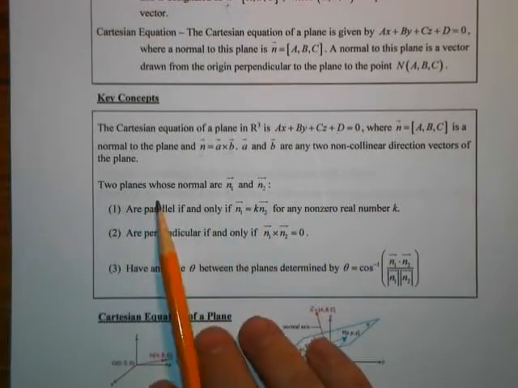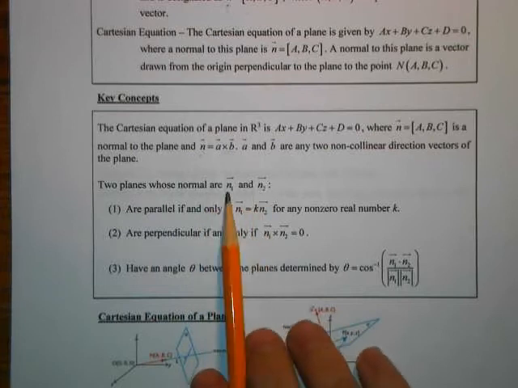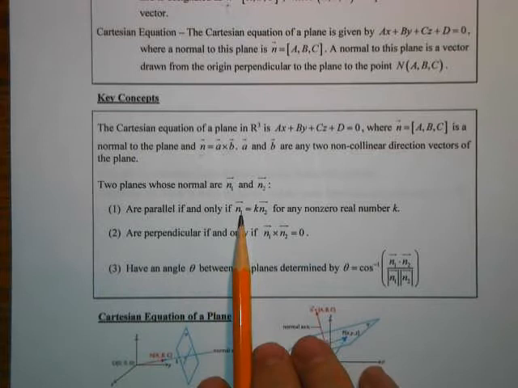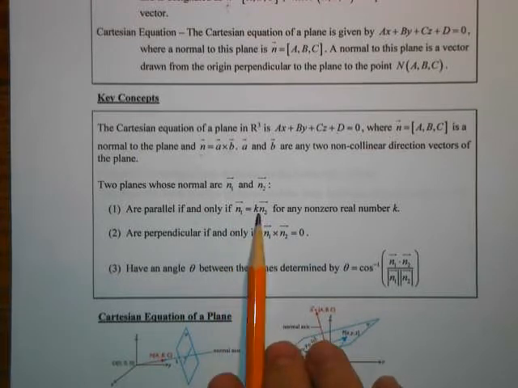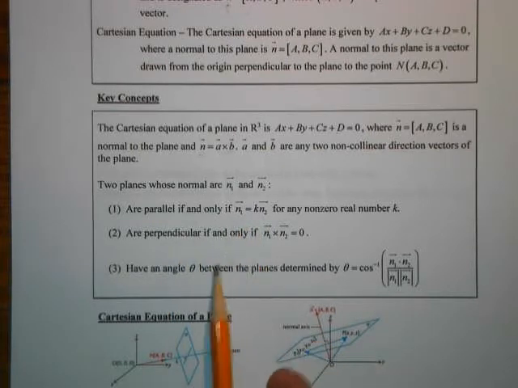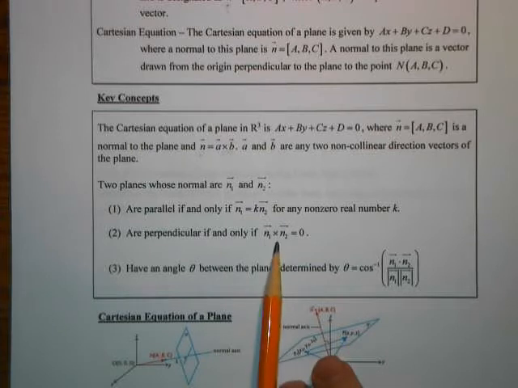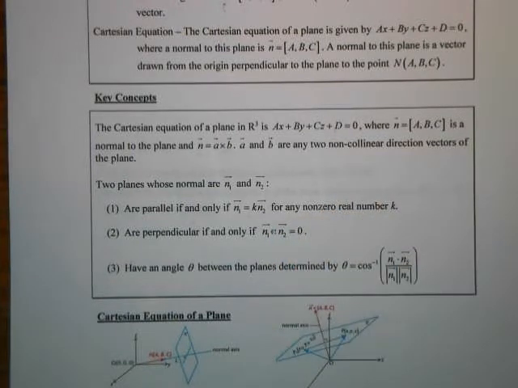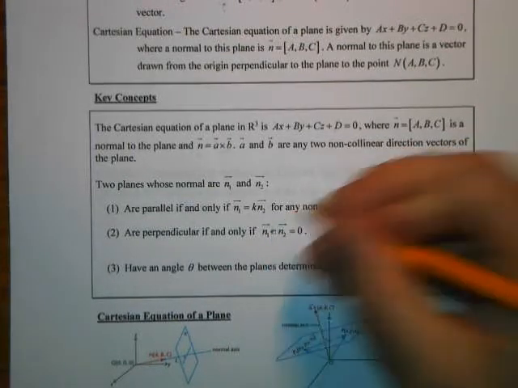If we have two planes and the normals are called n1 and n2, they're only going to be parallel if the normals are scalar multiples of each other. That should make sense. And they're only perpendicular to each other if, I believe this should be n1 dot n2 is equal to 0. That's a mistake.